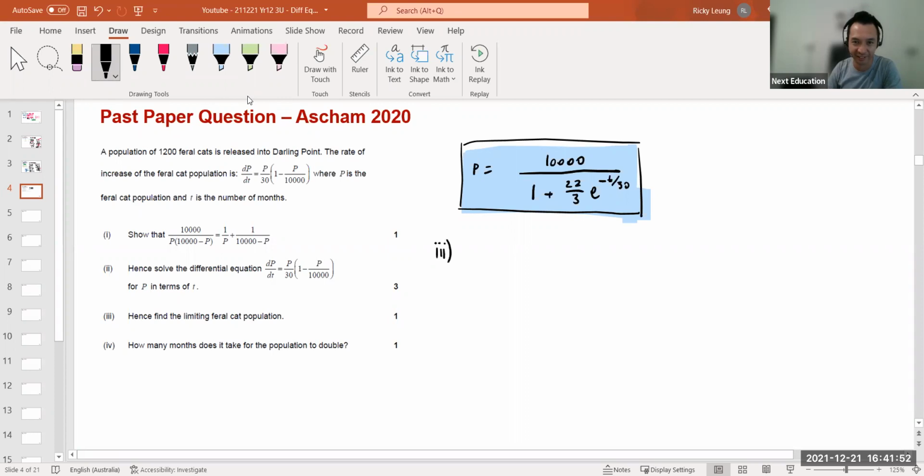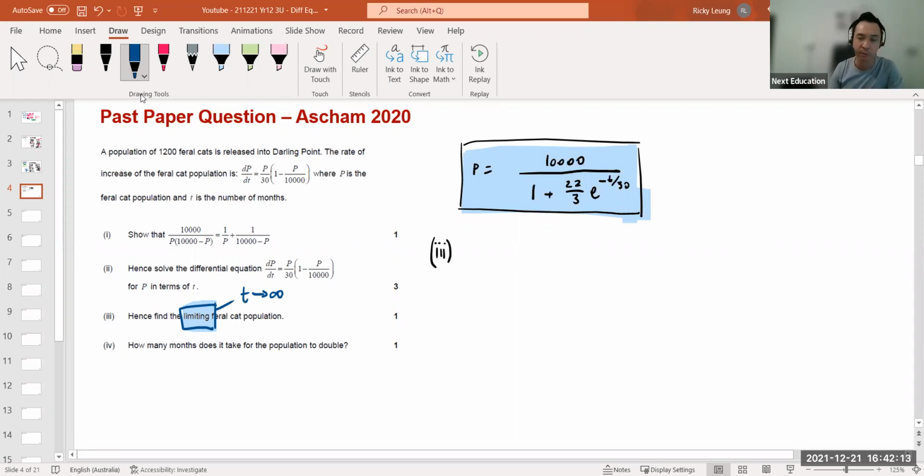There you go. Hence, find the limiting feral population. The moment you see the word limiting in all these exponential growth contexts, they're referring to T goes to infinity, right? So when T goes to infinity, what happens to P?